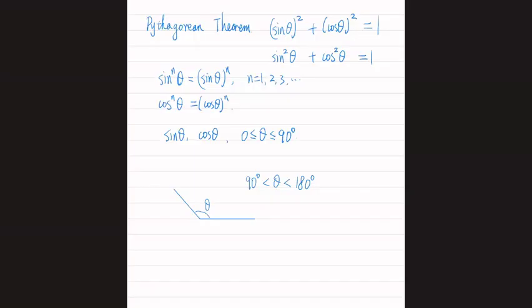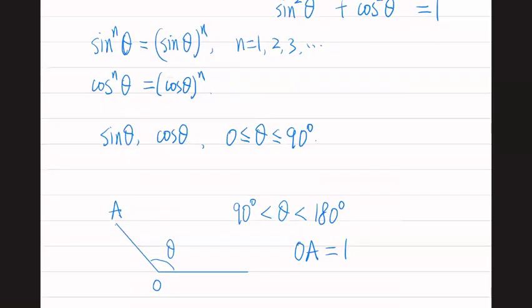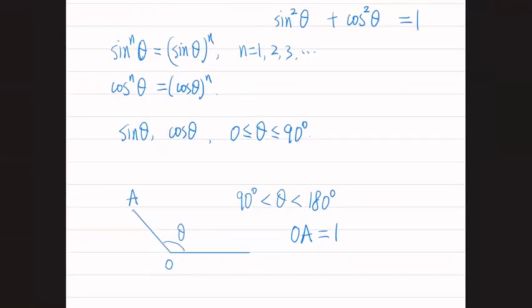This time, we assume the radius is 1. Then this will be cosine.